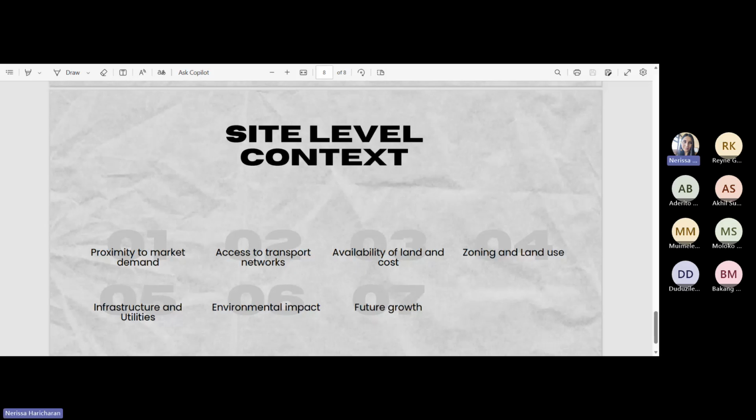So basically, whether you're looking at site level or regional or urban, it's creating a very vast understanding of the different factors that businesses need in order to make the most informed, best business decision about the warehouse that they want to choose.